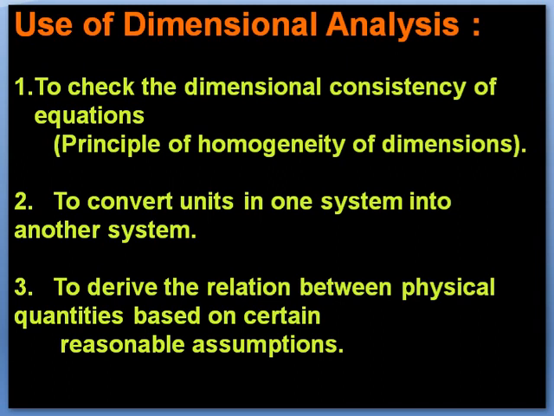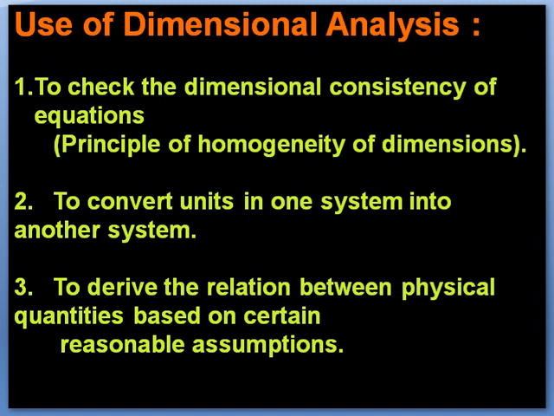Number one, it is used to check the dimensional consistency of equations, that is called the principle of homogeneity of dimensions. Number two, to convert units in one system into another system. And number three, to derive the relation between physical quantities based on certain reasonable assumptions.